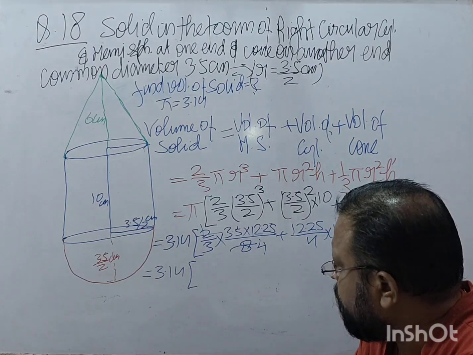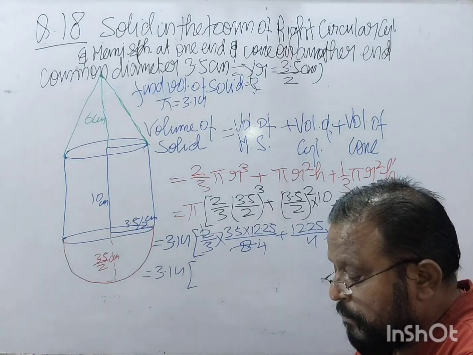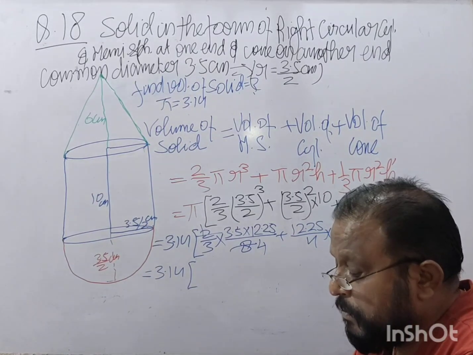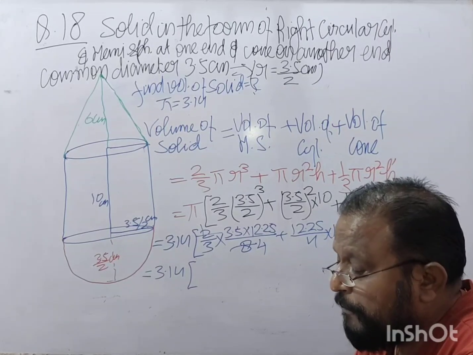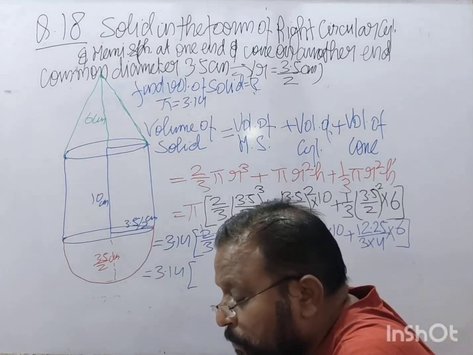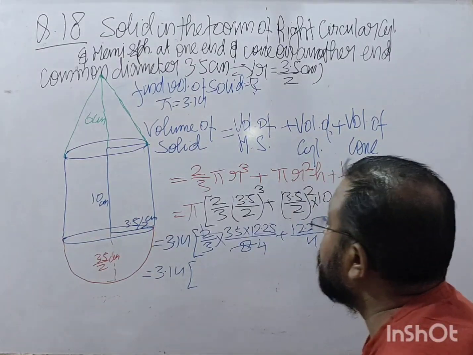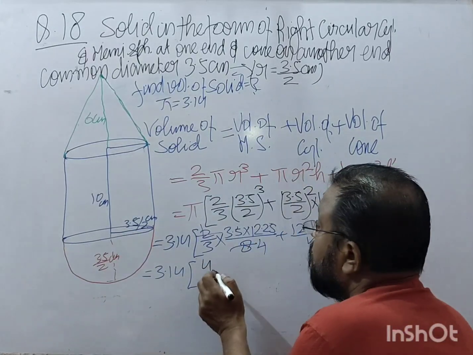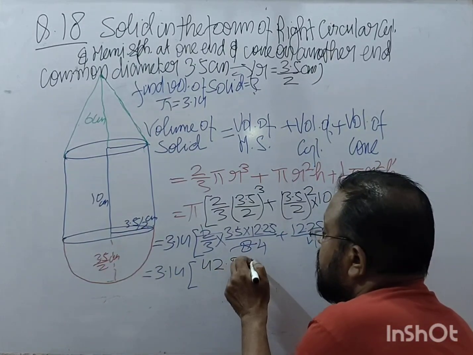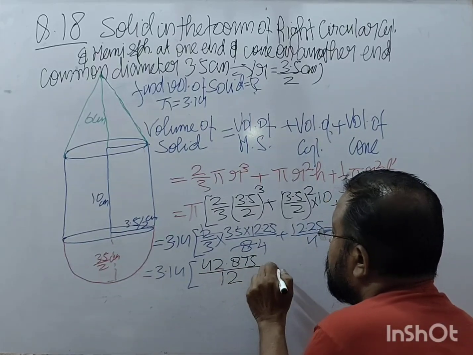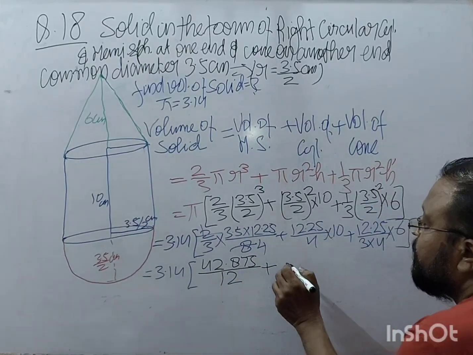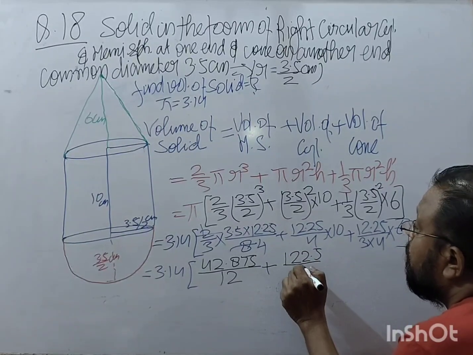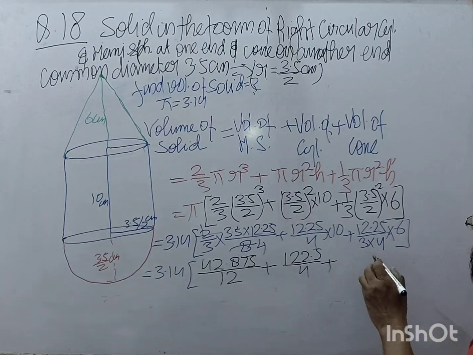3.5 into 3.5 into 3.5, 42.875, right? 42.875 upon 12 plus this is 122.5 upon 4 plus this is how much?